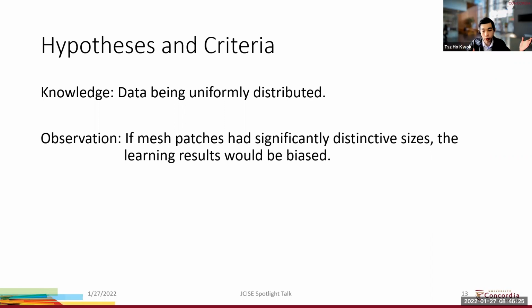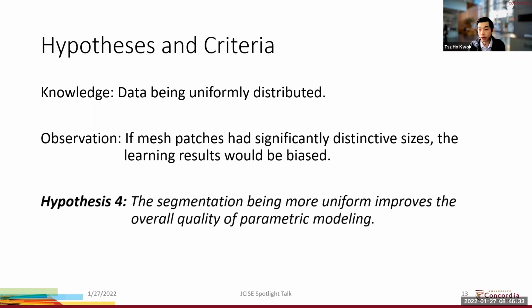When changing some parameters, the errors could be different, and the effect could also be different. We don't want that. So the fourth hypothesis is that if the segmentation is more uniform, it will improve the overall quality of parametric modeling.